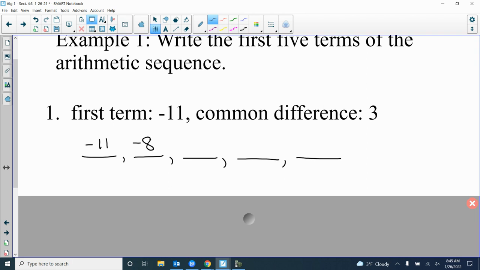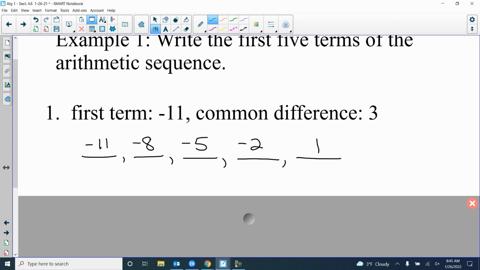You need to use your calculator. Type it in there. Find the rest of them. Carly, what do you got? Negative 5, negative 2, 1. Each one goes up by 3.